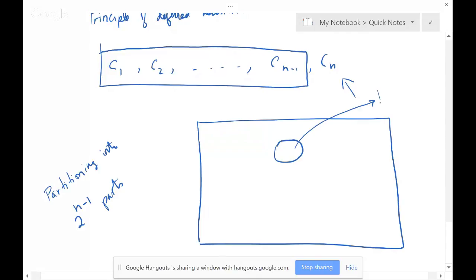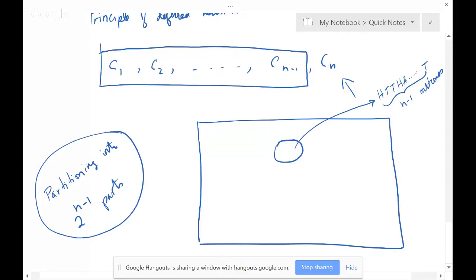So it could be, say, H, T, T, H, H, and so on, up to n-1 coin toss outcomes. Now if you consider all such possible n-1 outcomes, you basically partition the universe into 2 to the n-1 parts.